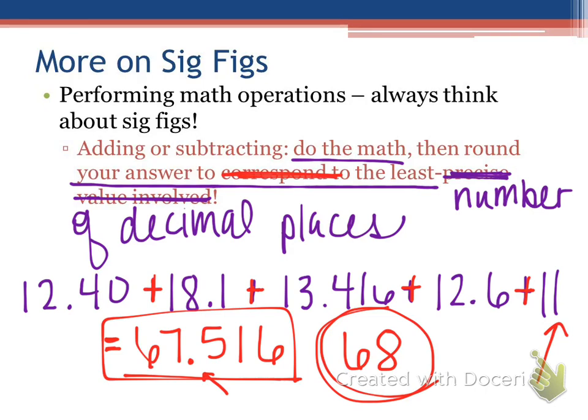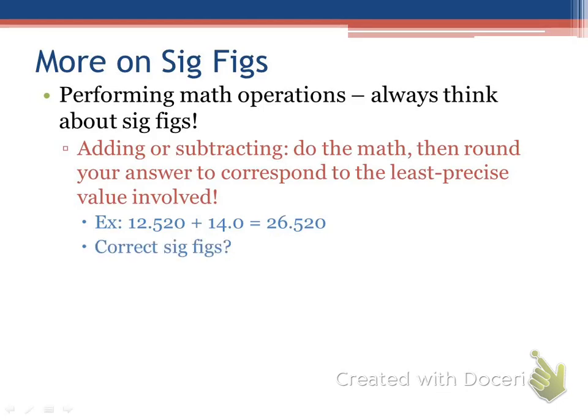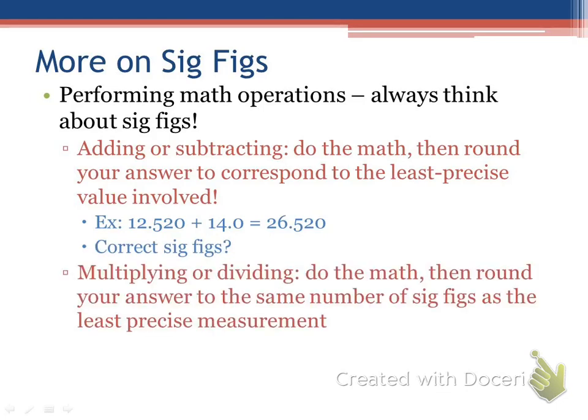Because our next one, multiplying and dividing, we just did an example there, so we don't need to do that one. Multiplying and dividing, we do the math, then we round to the least number of significant figures. I'll rewrite it so it's a little easier.